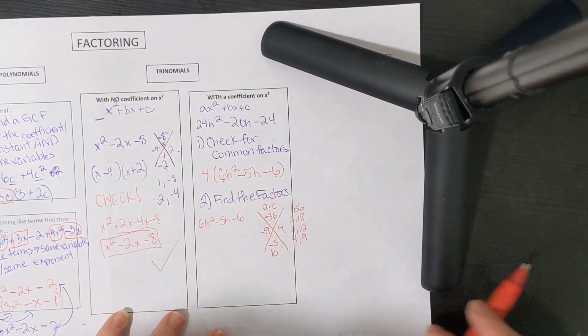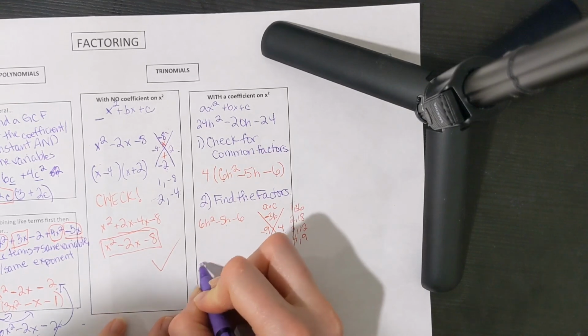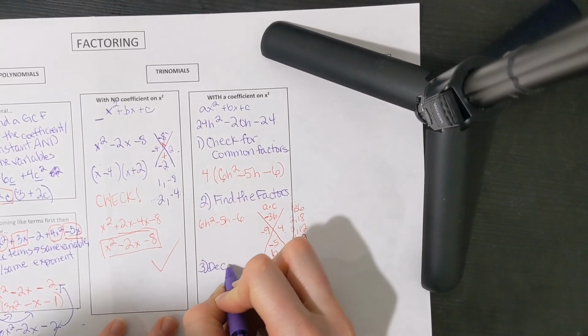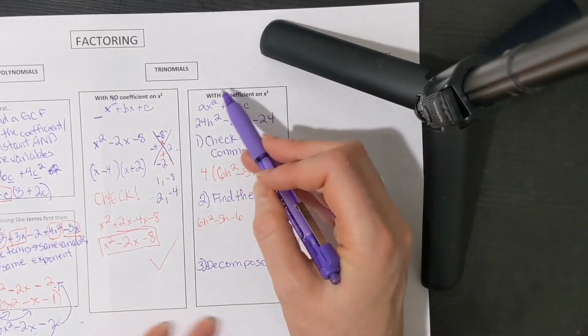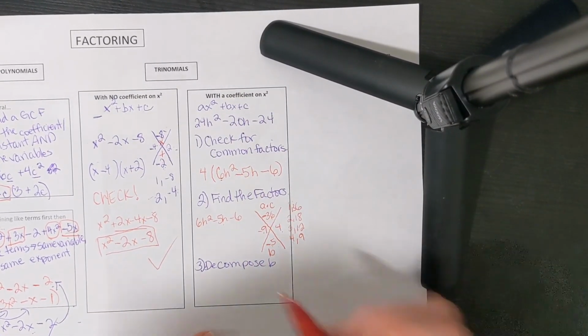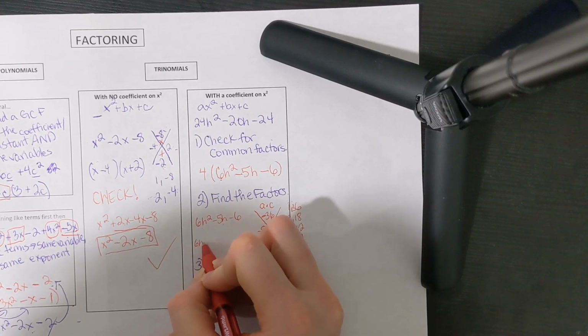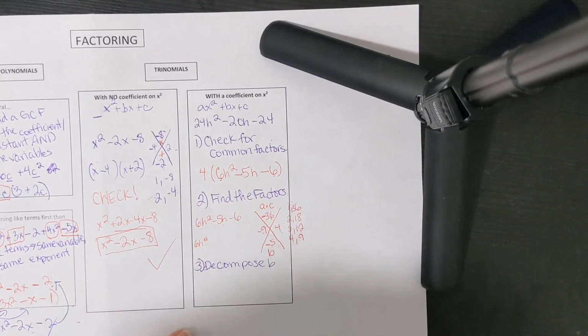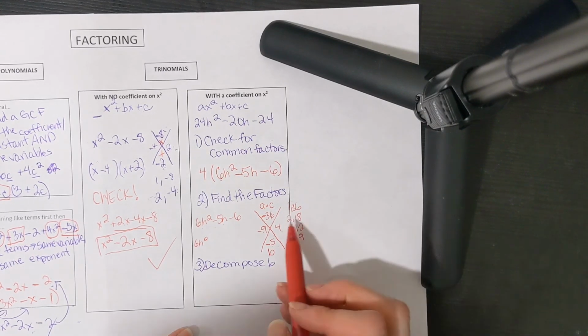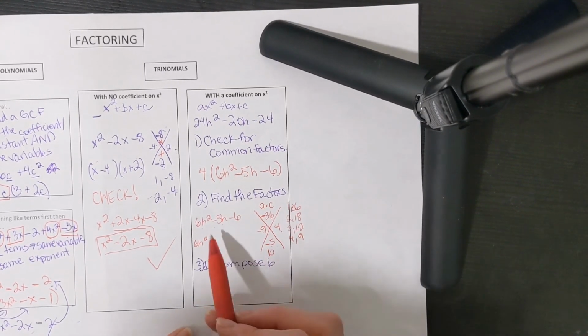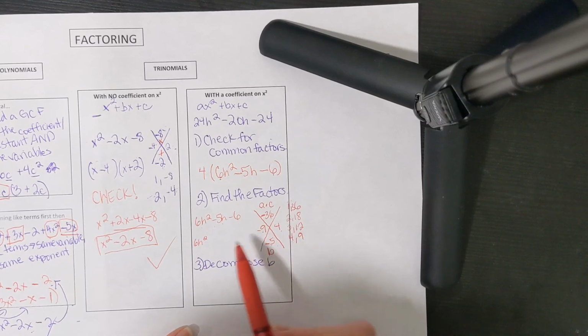Decompose b, and that's step 3, and we're going to do it above here. Decompose b, meaning the middle term. So I'm going to pull my 6h squared over here. My negative 5h, I have negative 9 and 4. I'm splitting negative 5h into negative 9h and 4h.